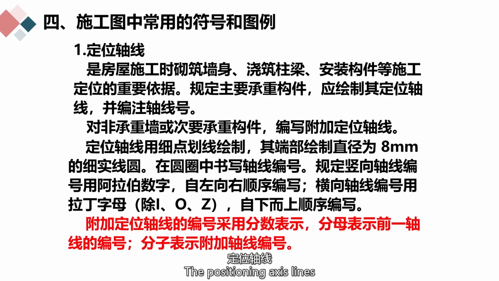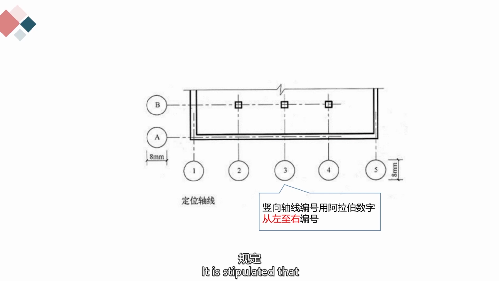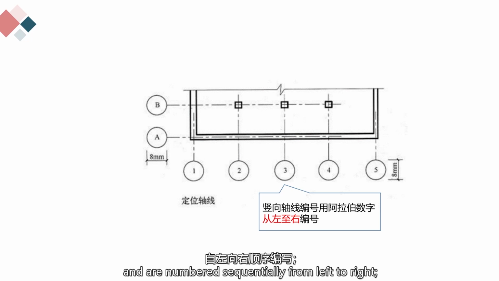The positioning axis lines are drawn with thin dotted lines, and at their ends, fine solid line circles with a diameter of 8 mm are drawn, and the axis numbers are written. In the circles, it is stipulated that the vertical axis numbers are written in Arabic numerals and are numbered sequentially from left to right.